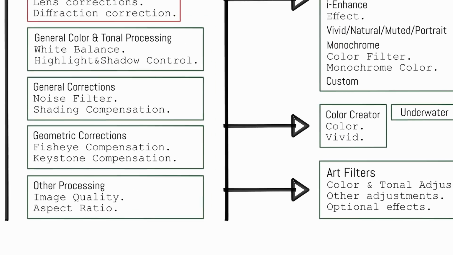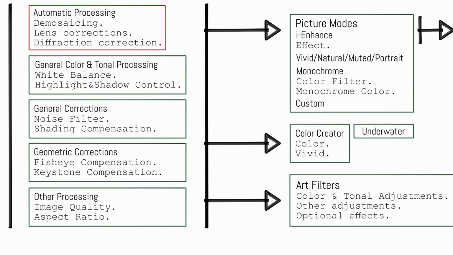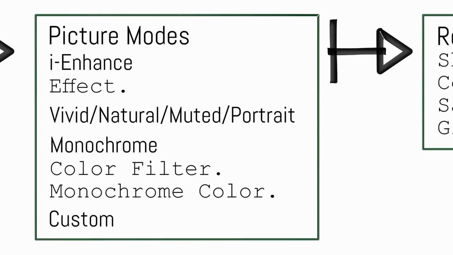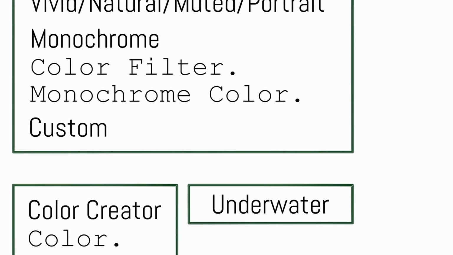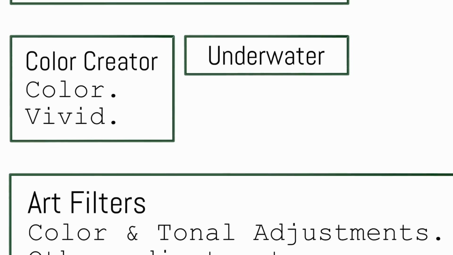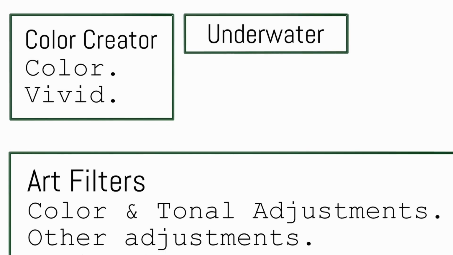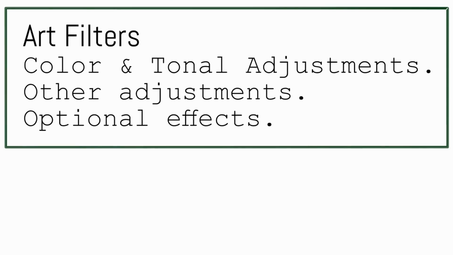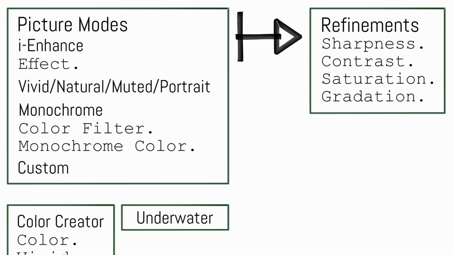Also, other processing settings take effect, like image quality and aspect ratio. So these settings are available for all the following settings. There are the picture modes, including various specialized picture modes like color creator and underwater, and of course the art filters. Also, there are certain refinements that can be applied to the picture modes.